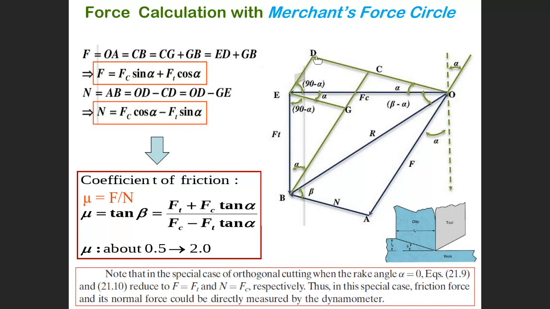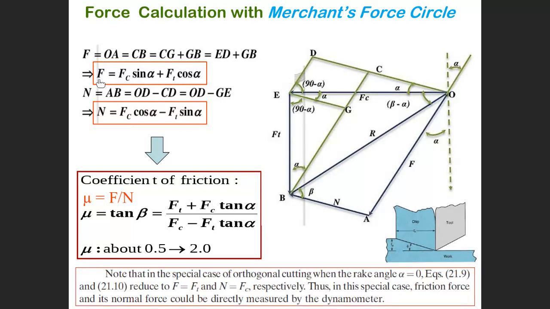Then DC equals this line, which in this triangle equals FT sine alpha. So N is OD minus DC, FC cosine alpha minus FT sine alpha. These are the two relations.